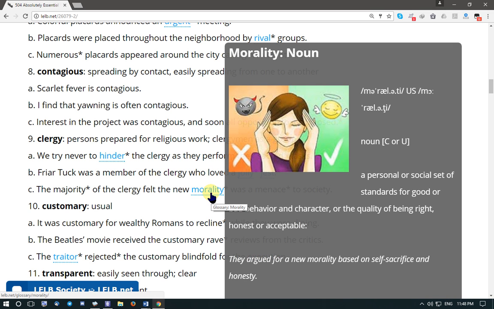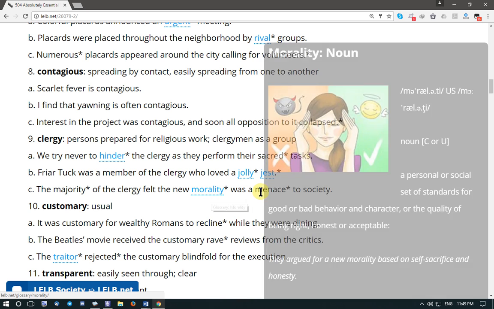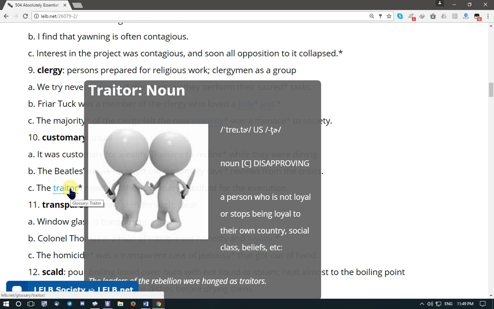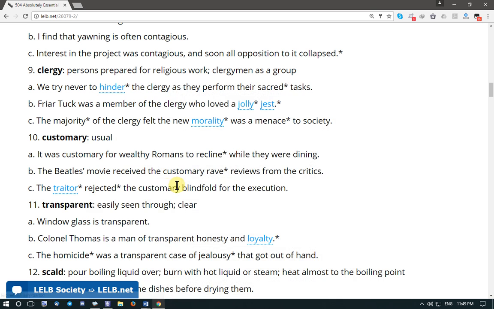Morality means ethics, set of rules and principles according to which you need to act. Traitor, treacherous, betrayer, a person, a friend that is not loyal to you.